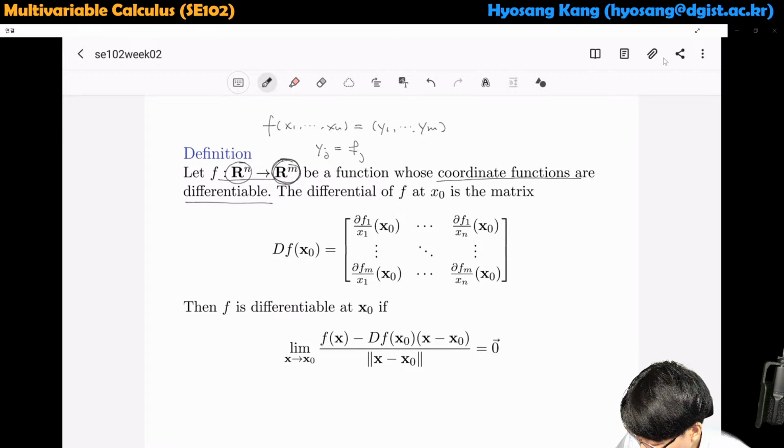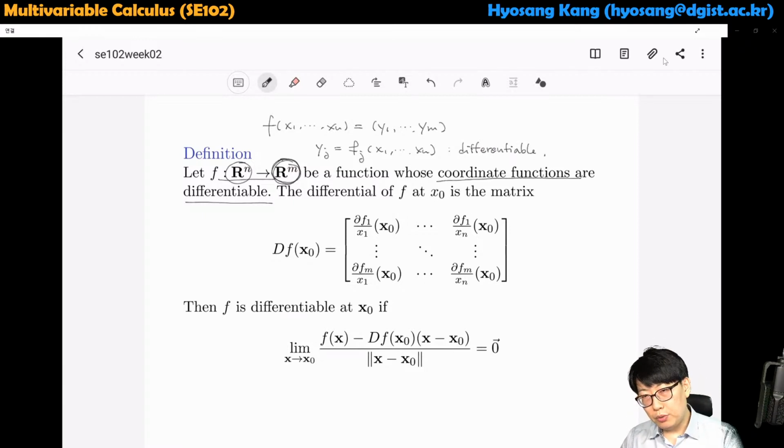So I will give a name for these functions determining yj as fj, and I'm assuming that these are differentiable. Okay.